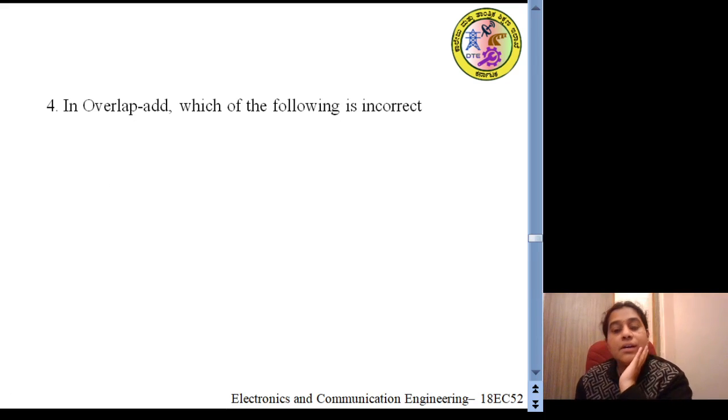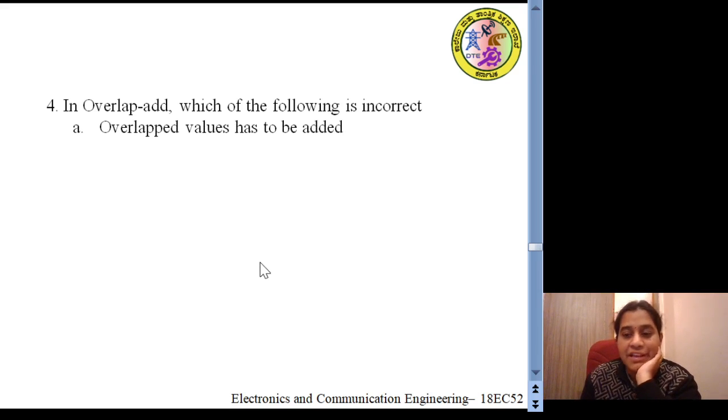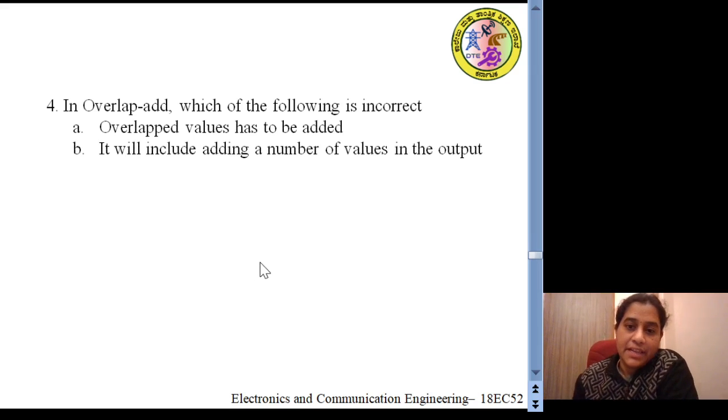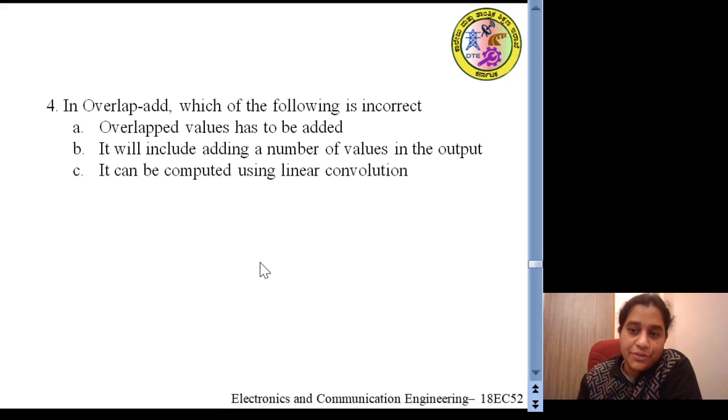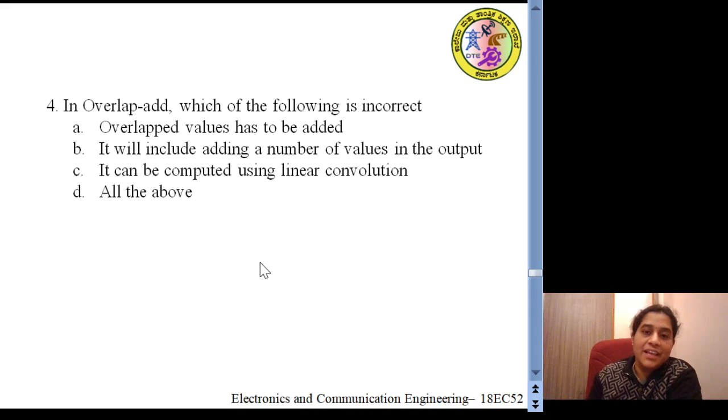So, in overlap add, which of the following is incorrect? First option is overlapped values have to be added. Second option, it will include adding a number of values in the output. Can be computed using linear convolution. All of the above. Obviously, as we saw from the discussion in the session video, the overlapped values are added here.